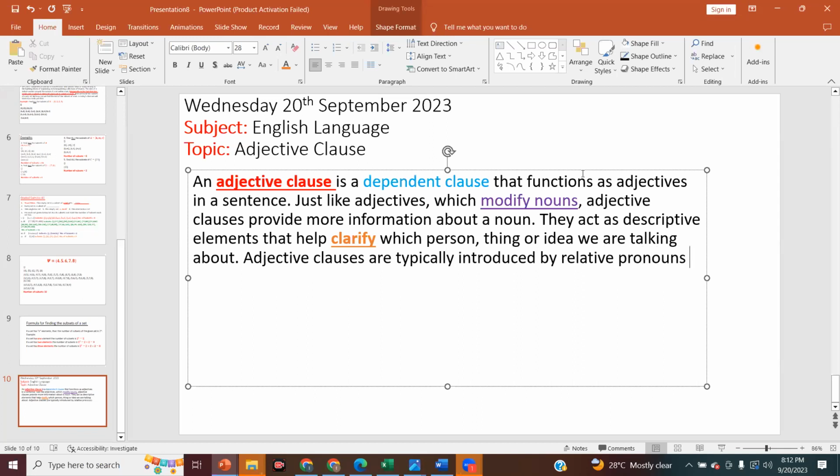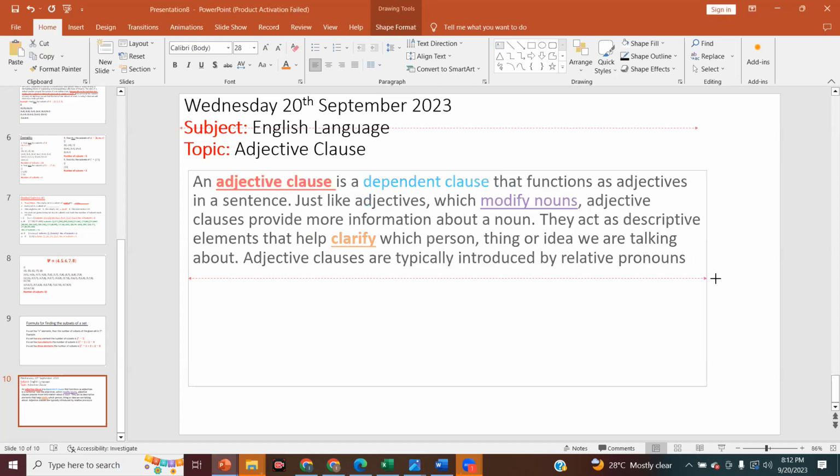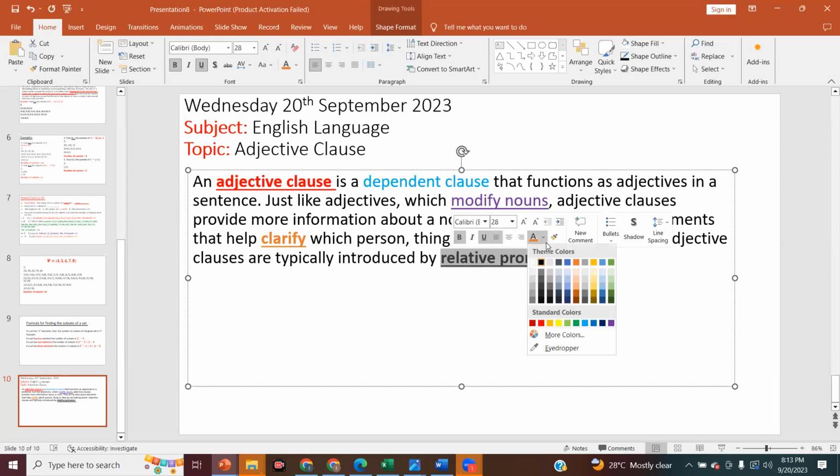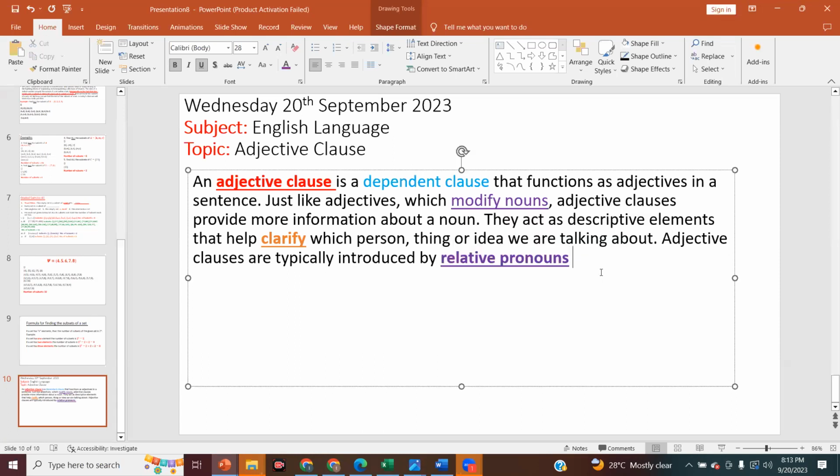In order for us to identify an adjective clause, we have to know what relative pronouns are, because we're not going to be able to know what is an adjective clause if we don't know what relative pronouns are. Very important. Give me some examples of relative pronouns.